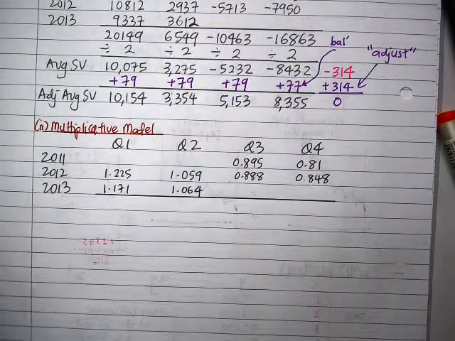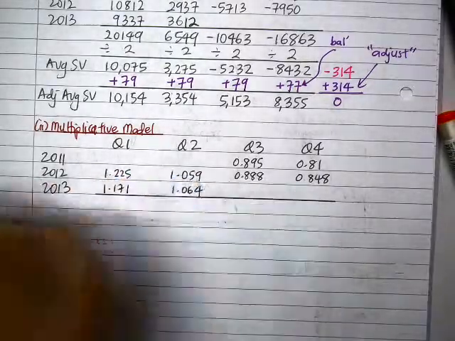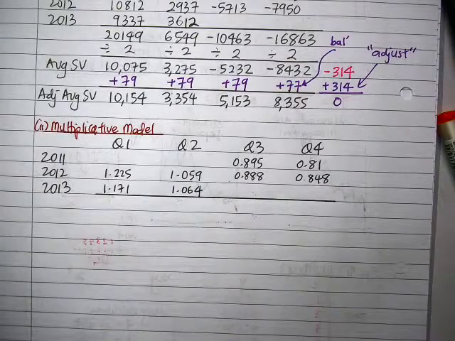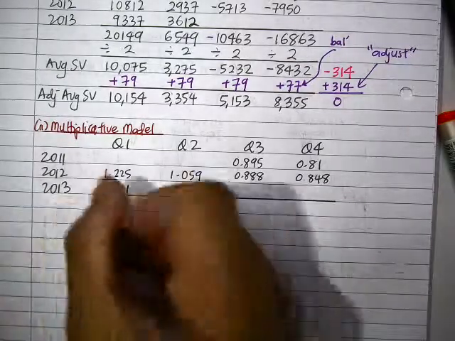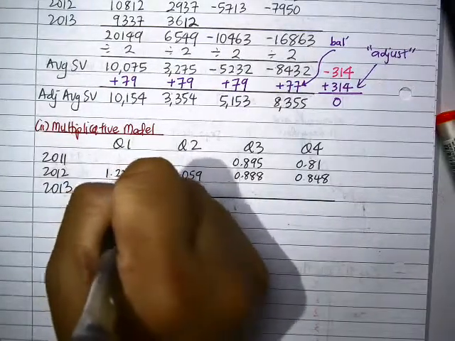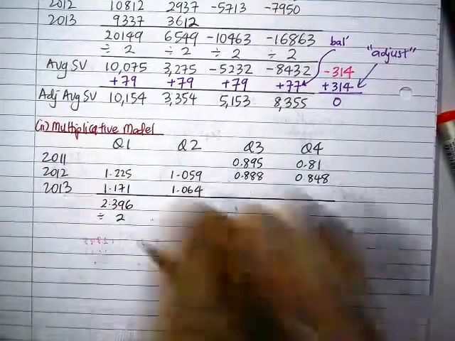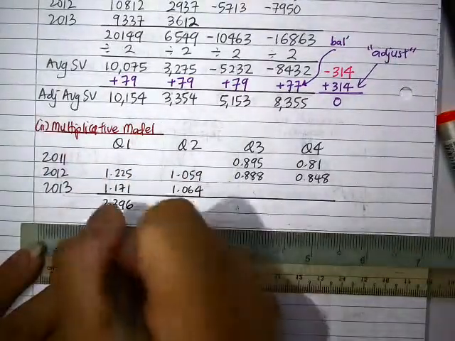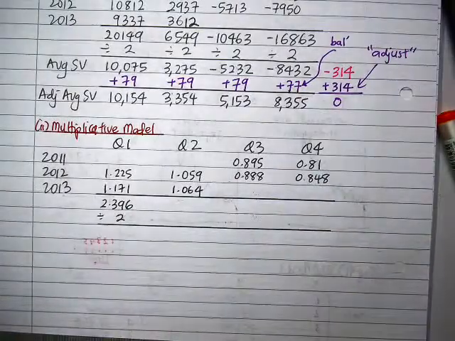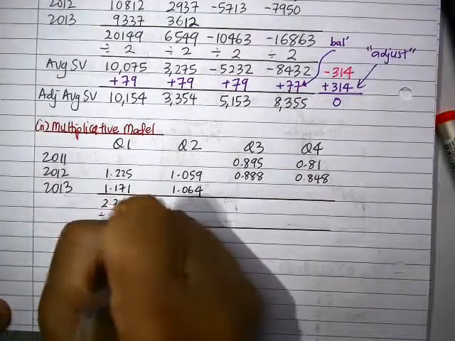We're going to do the same: we add it up and then divide it over. Okay, 1.225. Okay, 2.396 divided by 2 is 1.198.